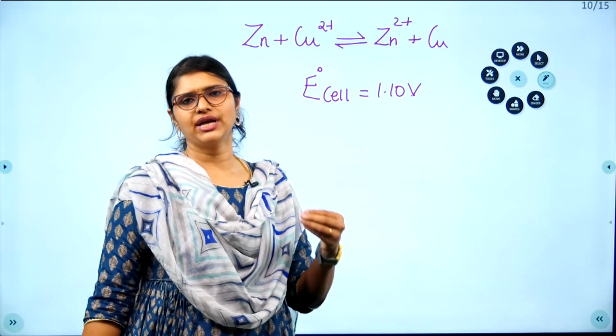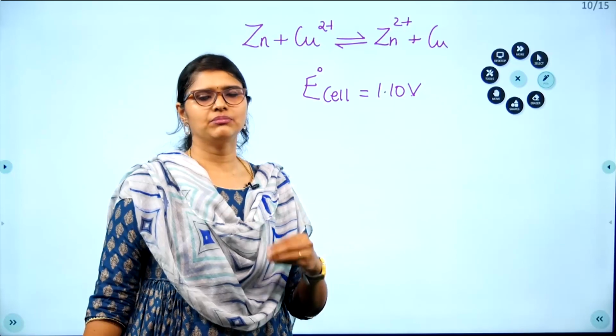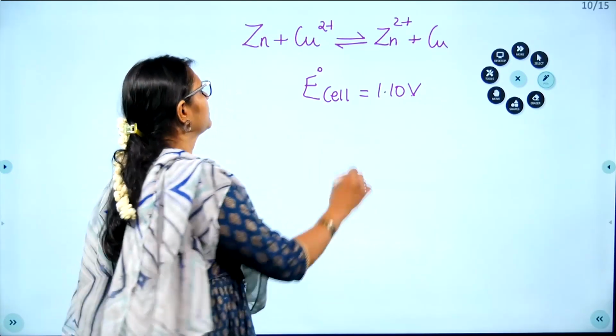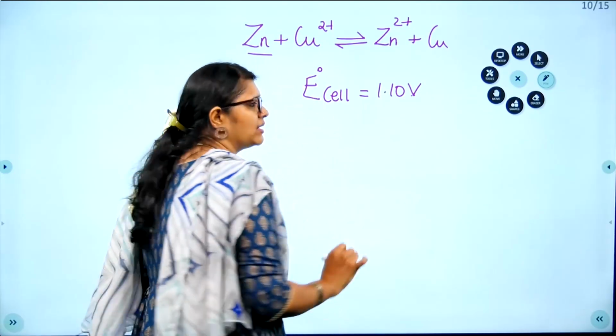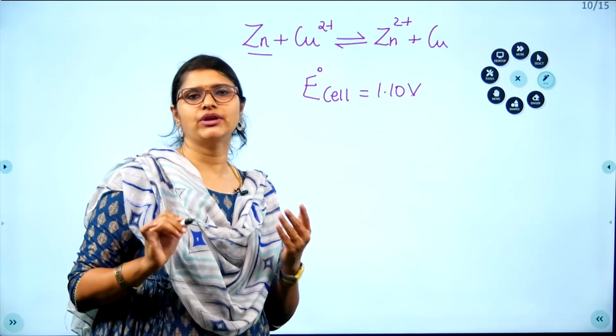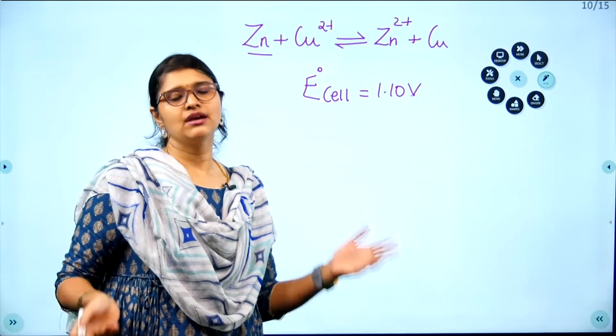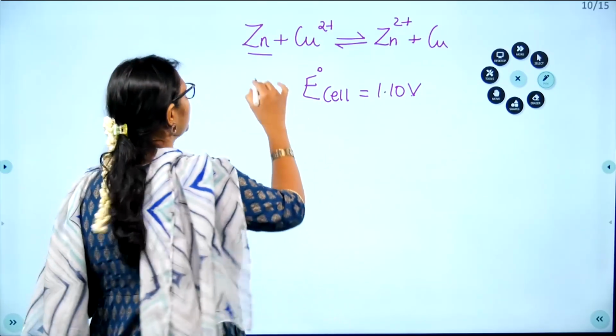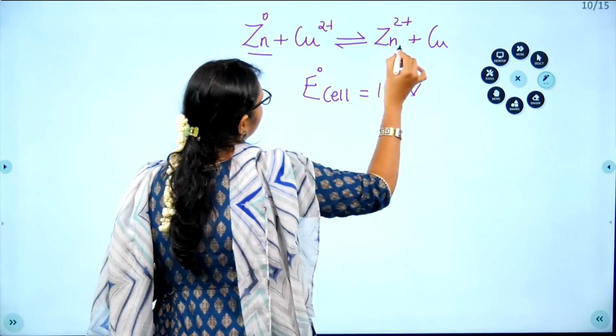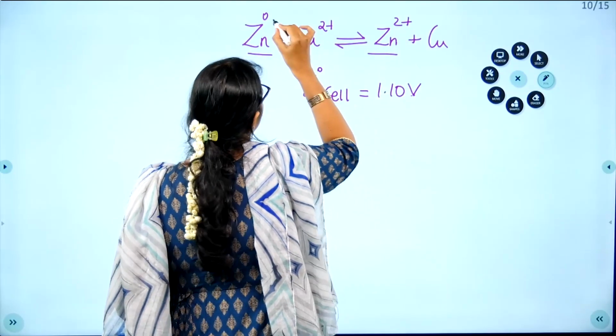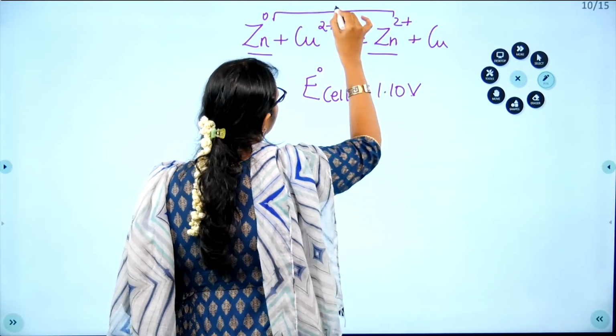Now we are going to calculate the N factor, or number of electrons transferred. The oxidation number for any element in its naturally existing state is 0. Here it is 2 plus. So 0 to 2 plus, what is the difference? 2.